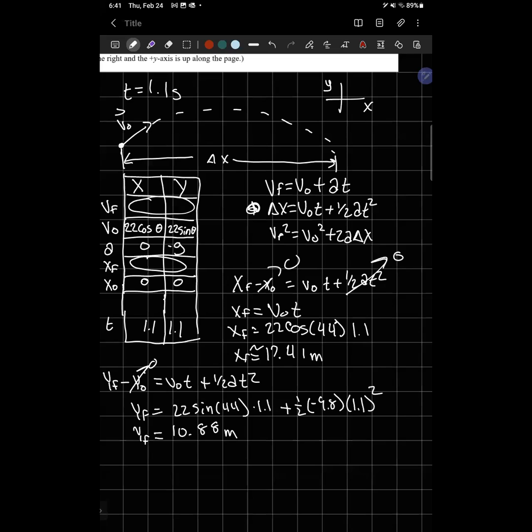Just out of curiosity, instead of it asking for some arbitrary vertical height, what if it asked me for the time it took to reach its highest peak? How would I have done that?